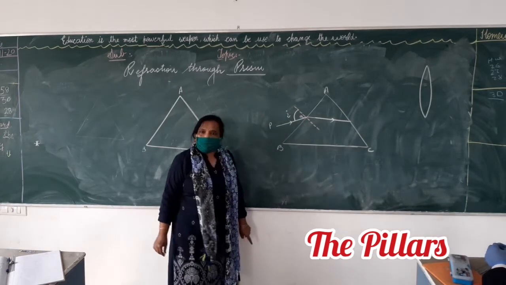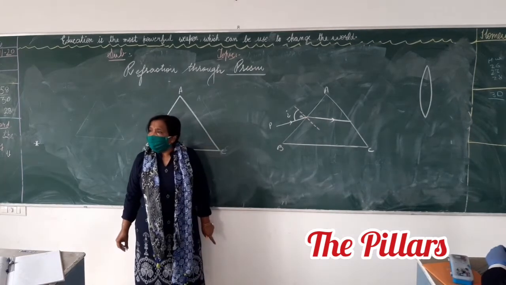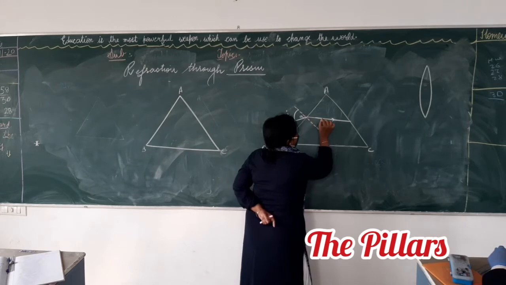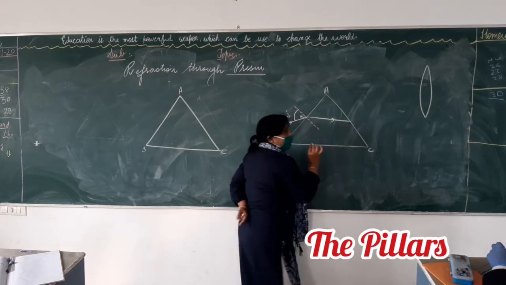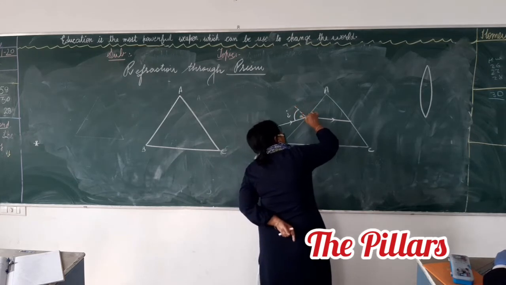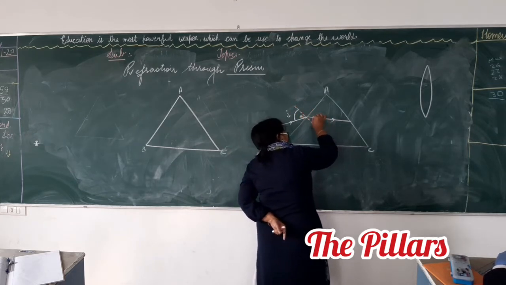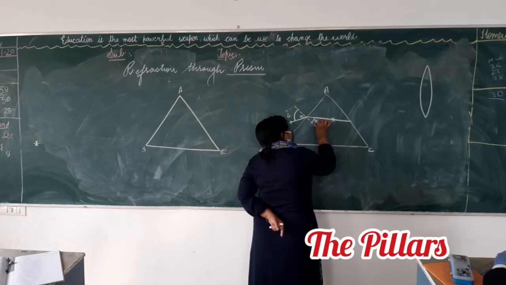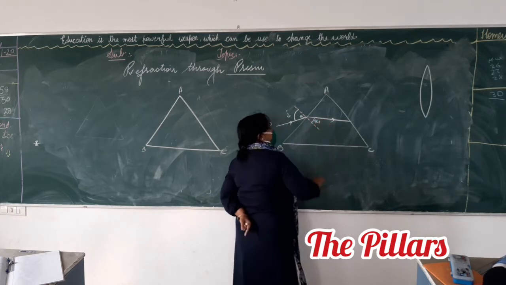And see, what is this ray called? Refracted ray. This is the normal. So the angle between the refracted ray and the normal is the angle of refraction. Yes or no?